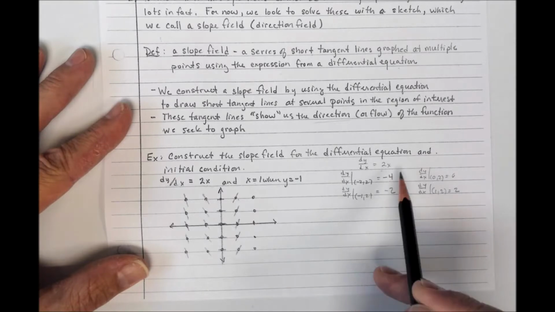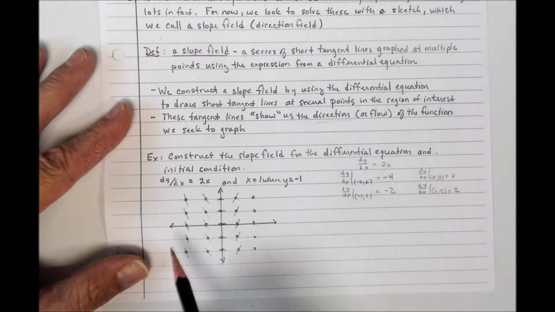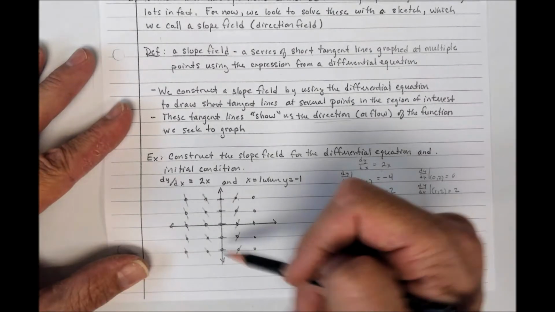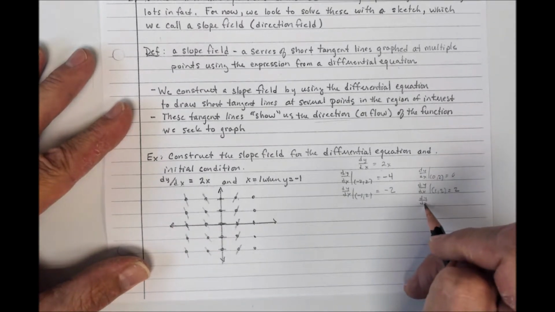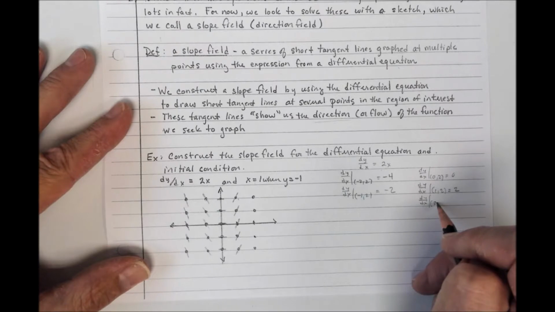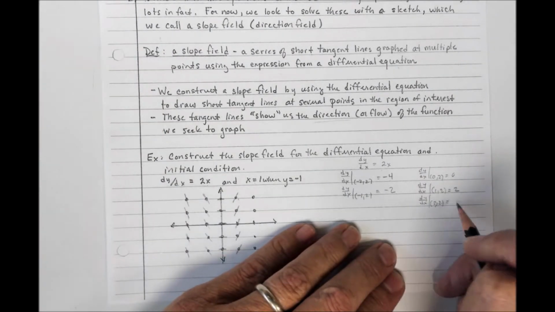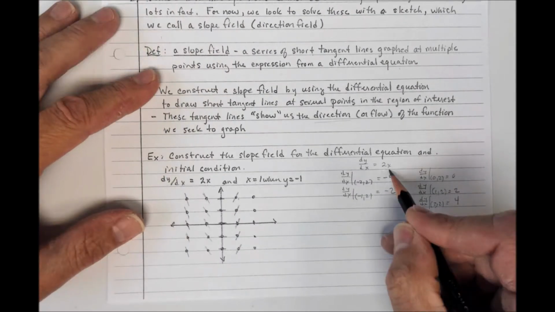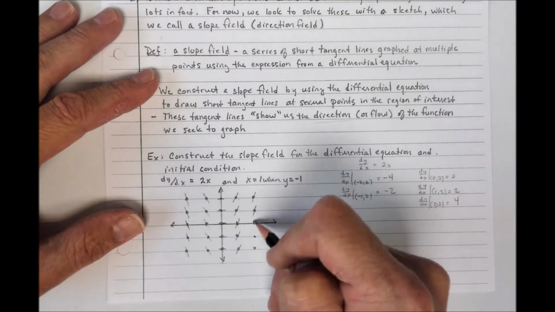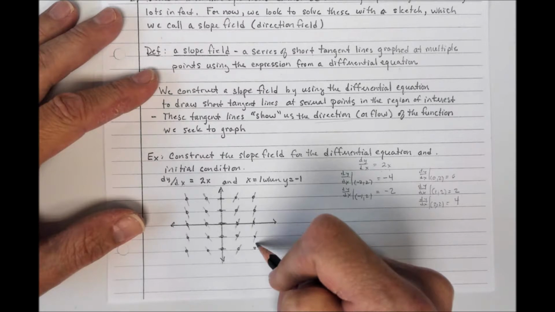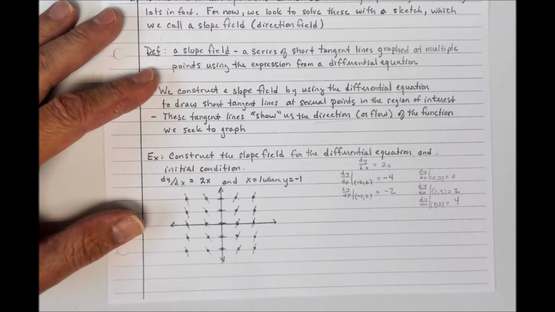If it had an x and a y, or if it just had a y, then it's different from top to bottom. They don't all match vertically. And then one more here, dy/dx at, let's say, 2, 2, which would be positive 4 because you plug the 2 in for the x there. So these are going to be even steeper here. Looks like I have some symmetry with respect to the y-axis here.